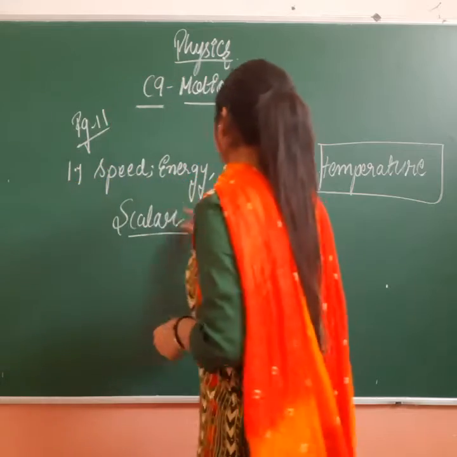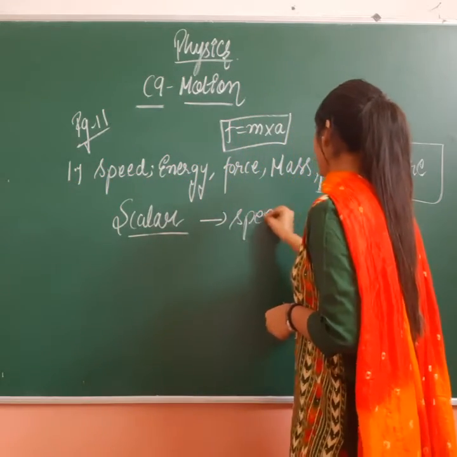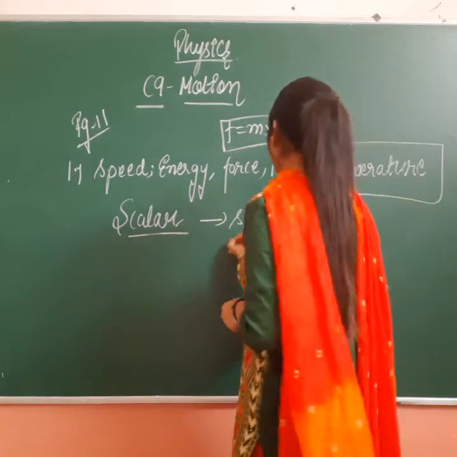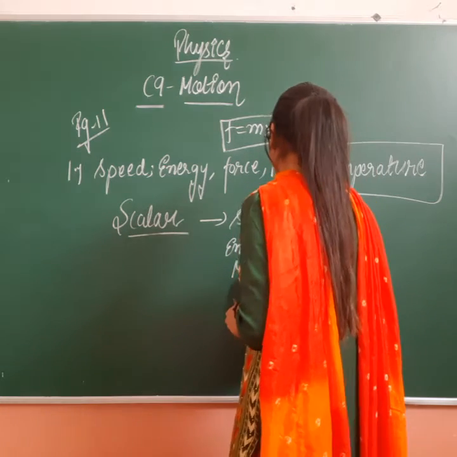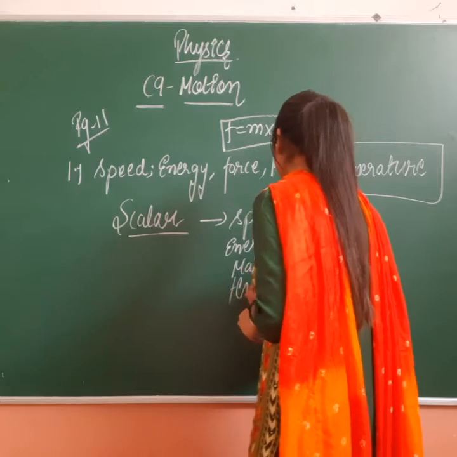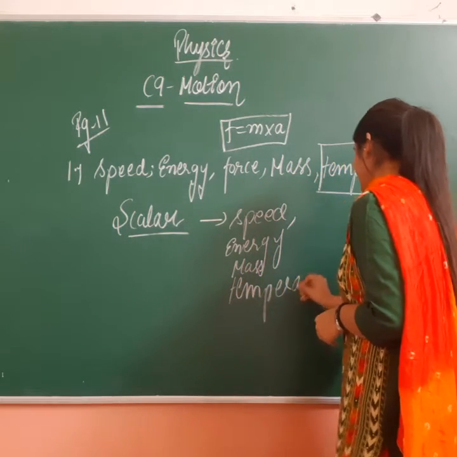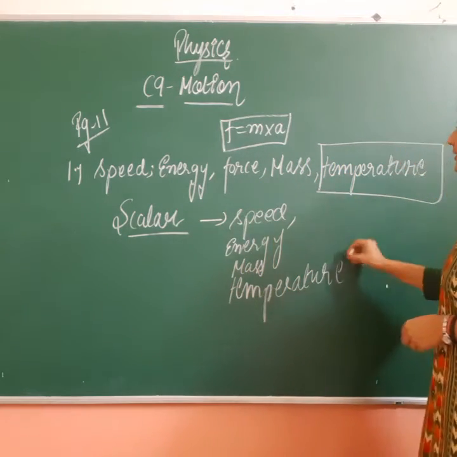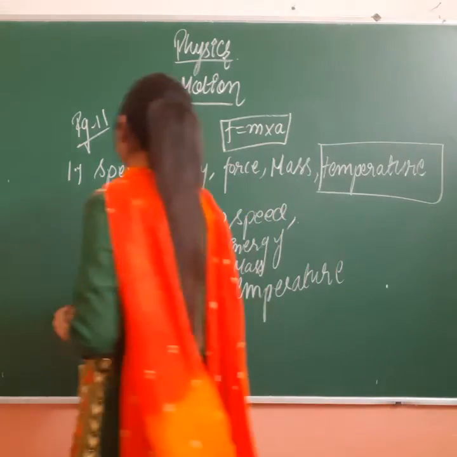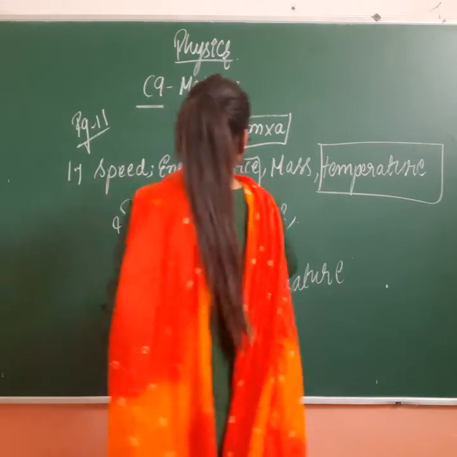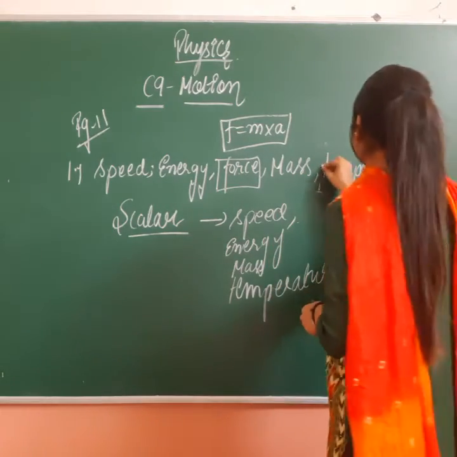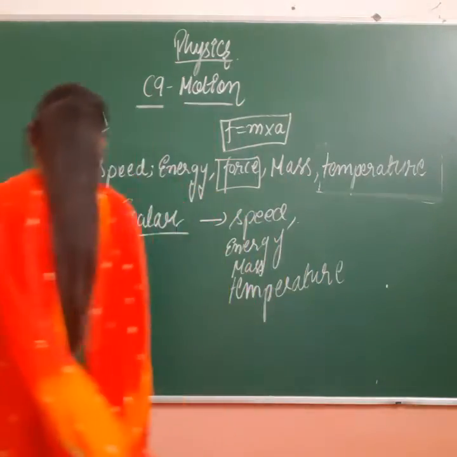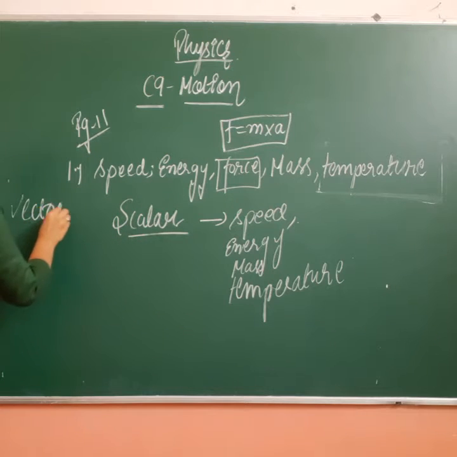If we talk about scalars, speed is a scalar quantity, energy is also a scalar quantity, mass is also a scalar quantity and temperature is also a scalar quantity. So according to that, force is the only vector quantity. Okay, so we can say that force is a vector quantity. So the only vector quantity will be force.